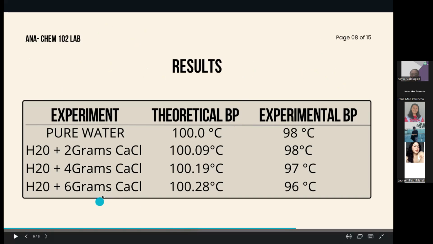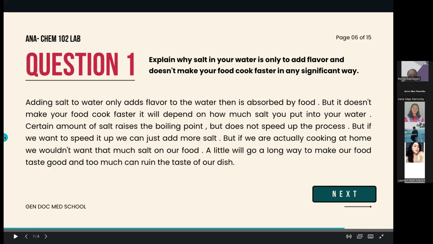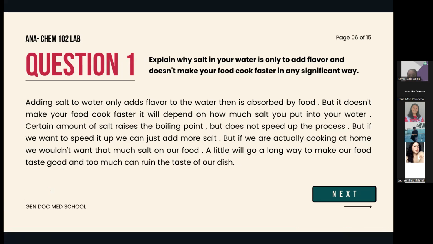Isang question lang meron tayo dito, di ba? Yung salt. Ginagamit lang siyang condiment, class. That is to give flavor sa dishes natin. But it will not really make our food cook faster. Kasi ang effect lang nun, since salt is a solute, it will just increase the boiling point temperature. Mag-i-increase lang siya, matagal magbo-boil na yung ating binoboil.